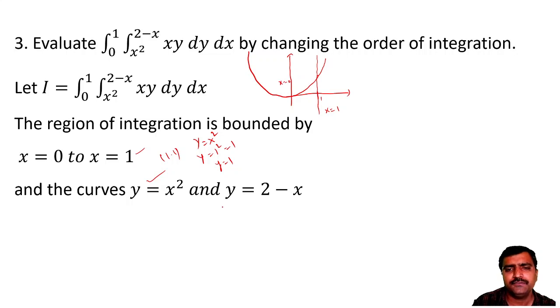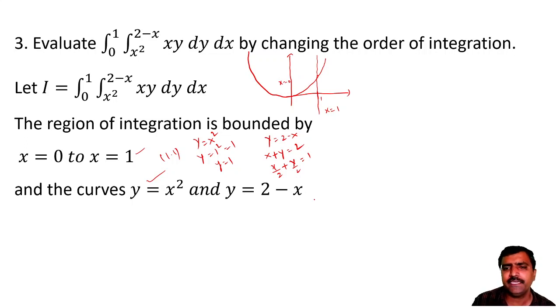So now you take y is equal to 2 minus x. This straight line can be written as x plus y is equal to 2. So that is the straight line. X plus y is equal to 2 can be written as x by 2 plus y by 2 is equal to 1.